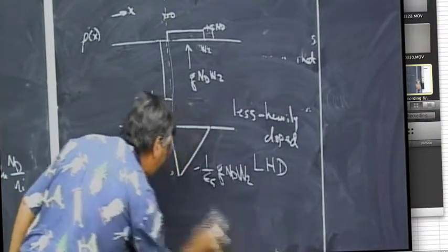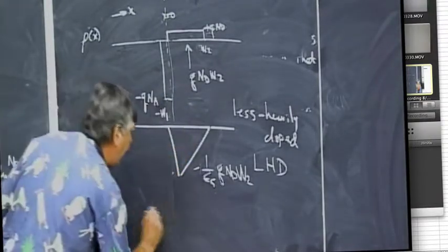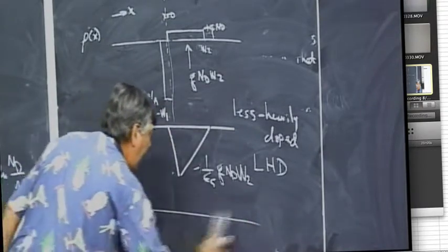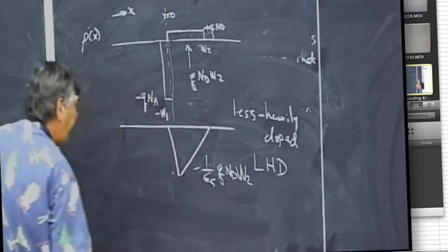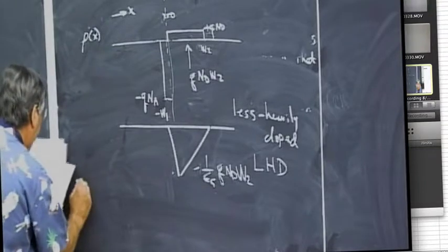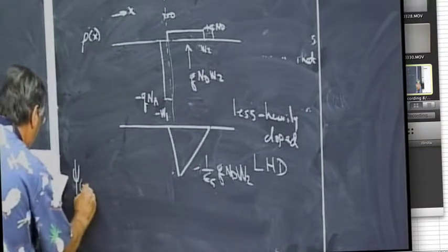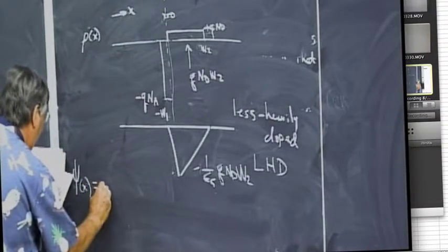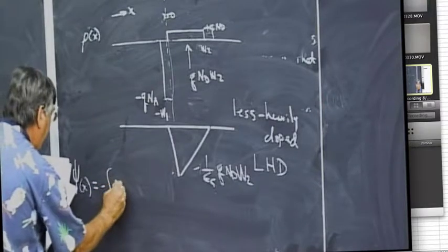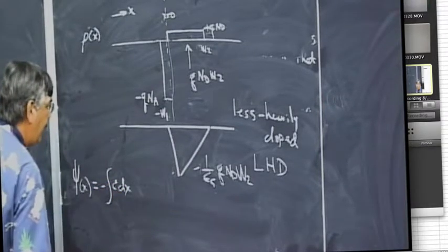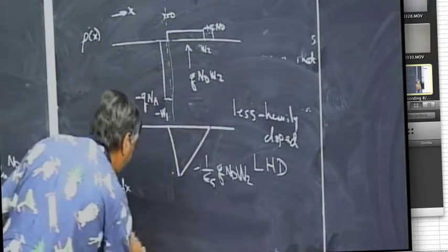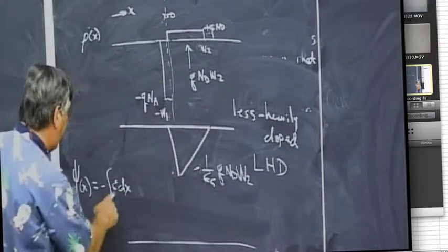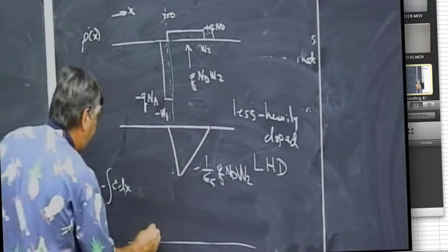If I integrate this thing one more time, I'm integrating a triangle, and I want to get the potential as a function of position. It's the negative integral of the field as a function of position, and you can figure out what the total variation of this is by the total area of this triangle.